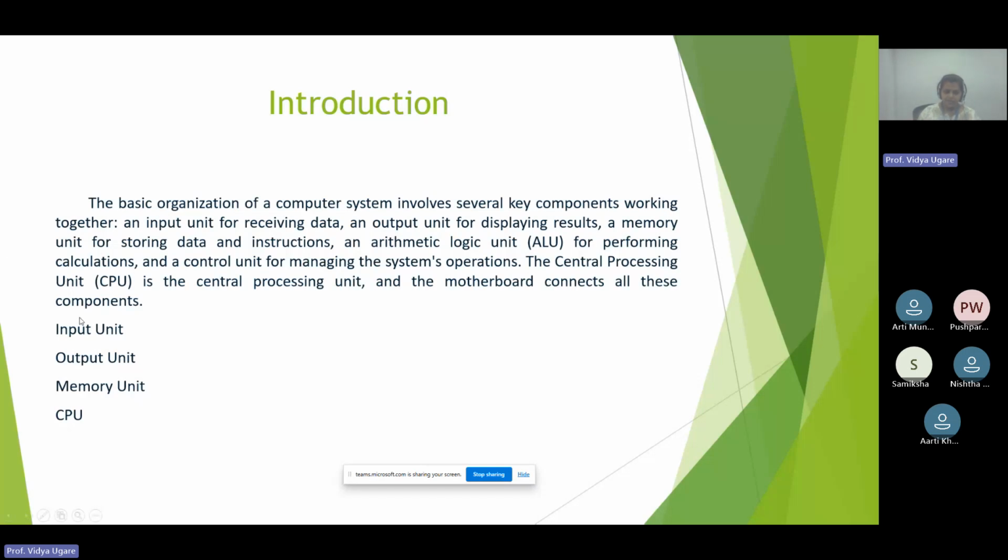As I have mentioned here, the list: the input unit, output unit, memory unit, and CPU. These are the four main components of a computer organization, without which a computer cannot perform anything, or it is meaningless.